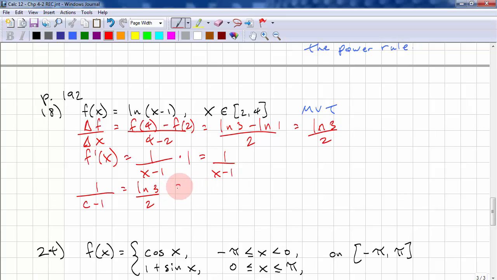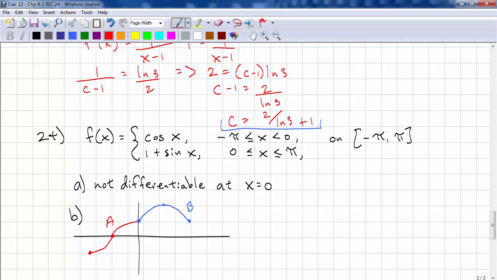We cross multiply, we get 2 is equal to c minus 1 ln 3. Now we want to isolate c, so we need to move ln 3 over to the other side. So c minus 1 equals 2 over ln 3. And we just need to do one last step. C is equal to 2 over ln 3 plus 1. This negative 1 becomes plus 1 on this side. And this is our solution.